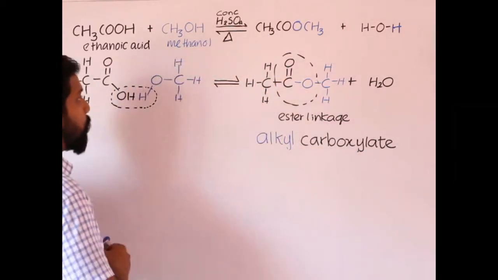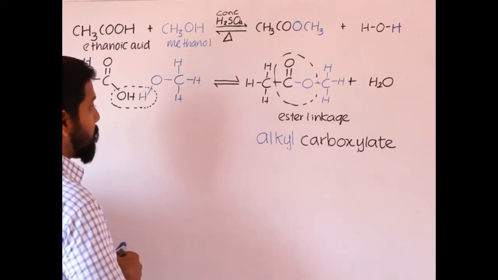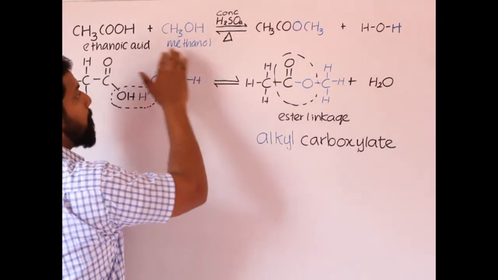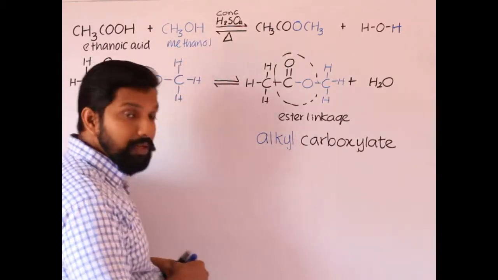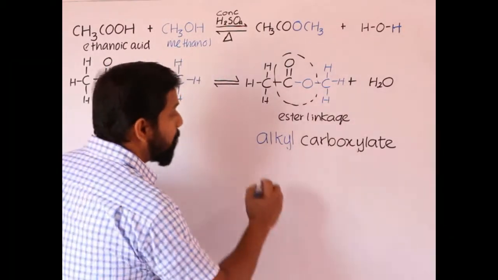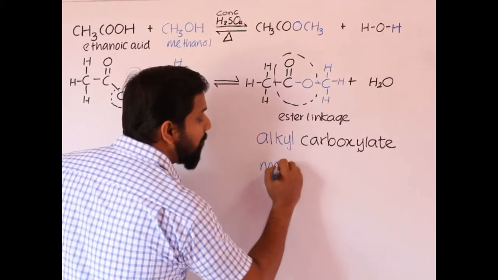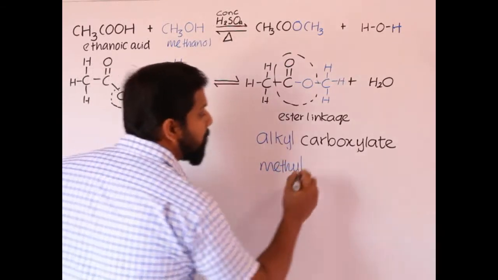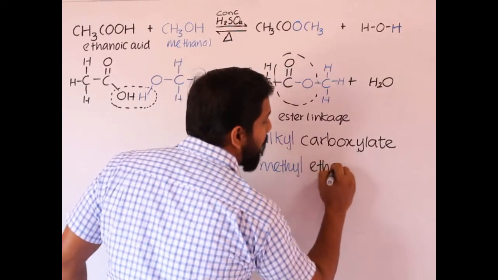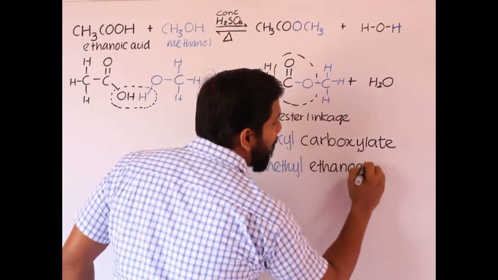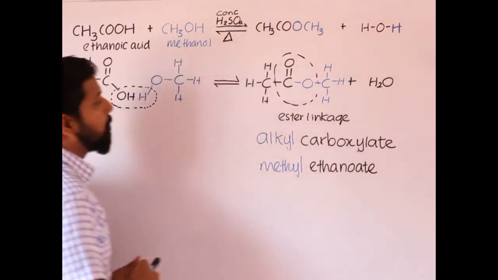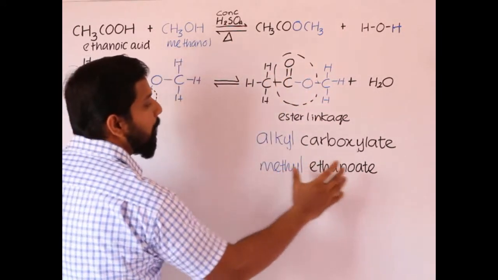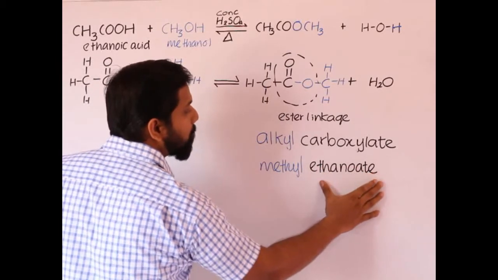Now if you go to this example, it was made from ethanoic acid and methanol. As a result of methanol, we write methyl. Ethanoic acid, therefore we write ethanoate. So the name of this ester is methyl ethanoate.